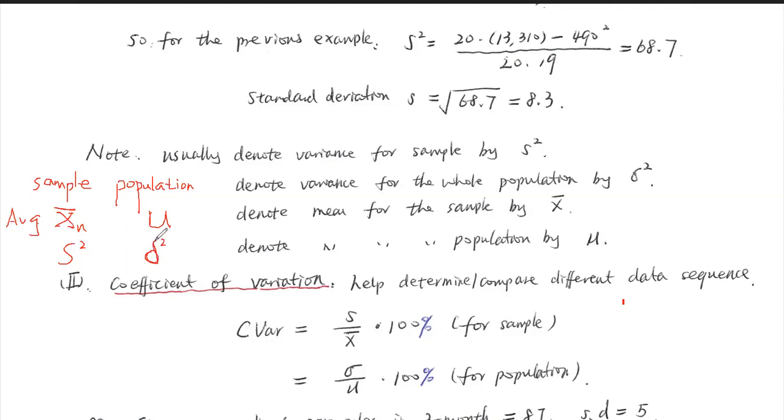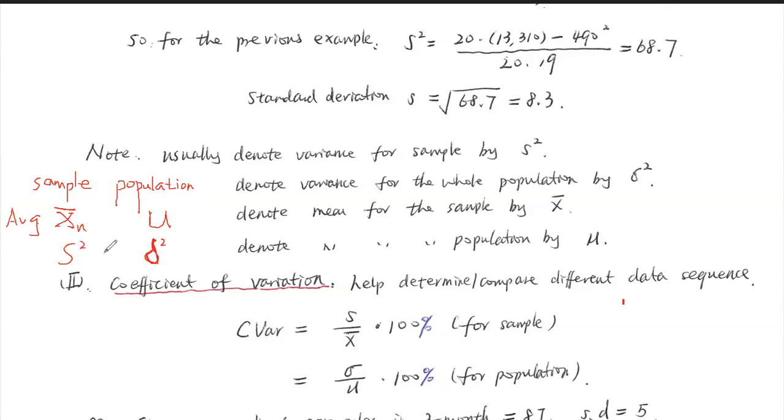If you check the textbook, they have something similar, maybe not exactly. Usually I write it this way. In the textbook this piece is relatively short, so I try to make it a little longer so it's clearer. Sigma square. Both of them are talking about the variance.